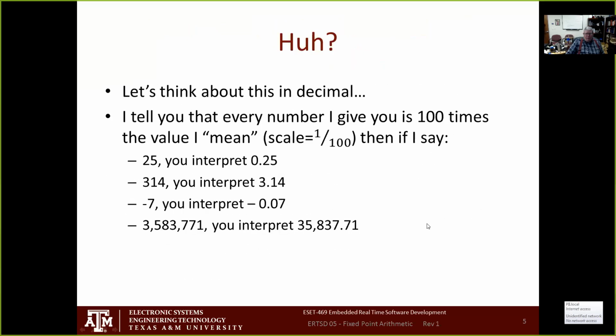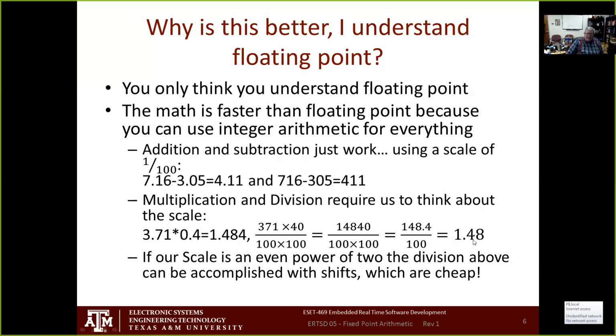So what's cool about this is that if I choose to do it on a computer, it is really, really fast to multiply and divide by powers of 2, because I can perform that with a simple shift operation, which means that they become really, really cheap.